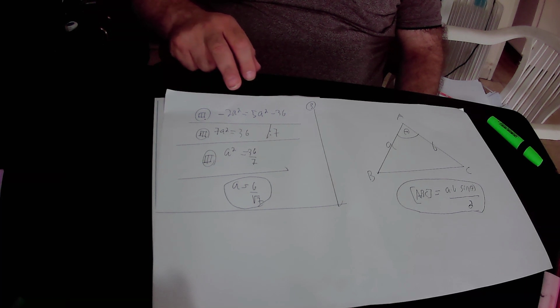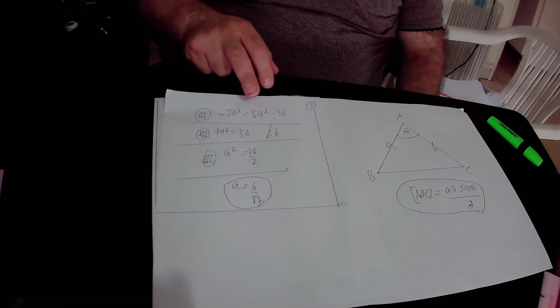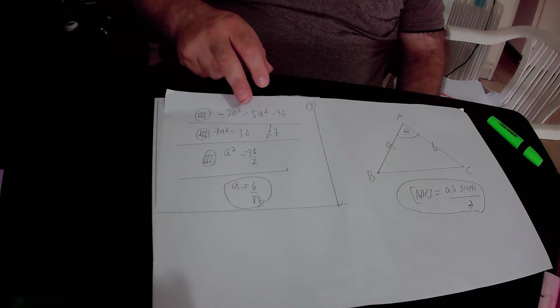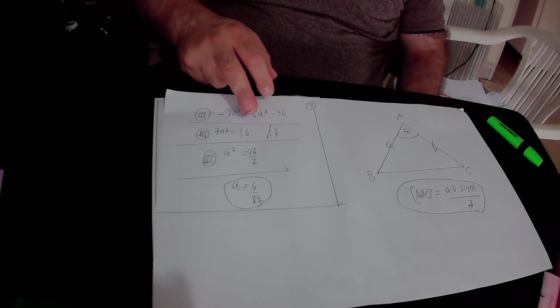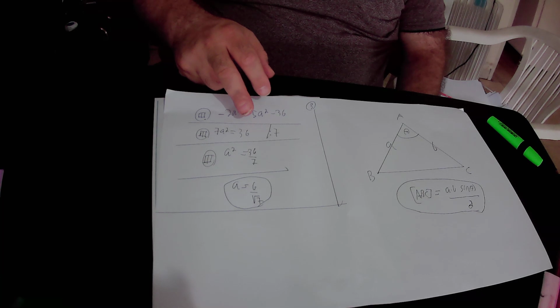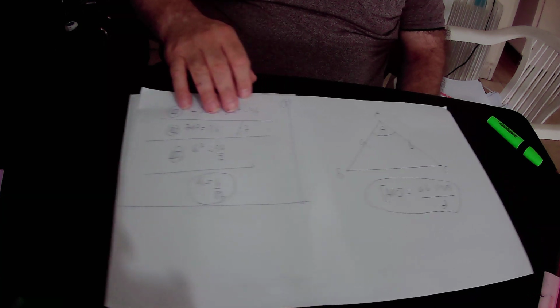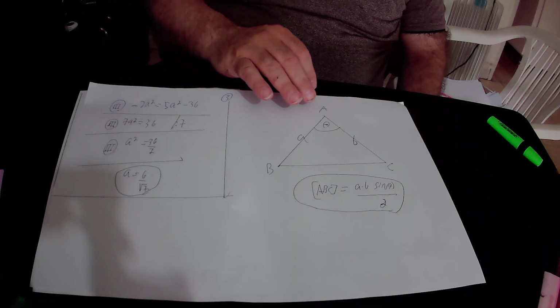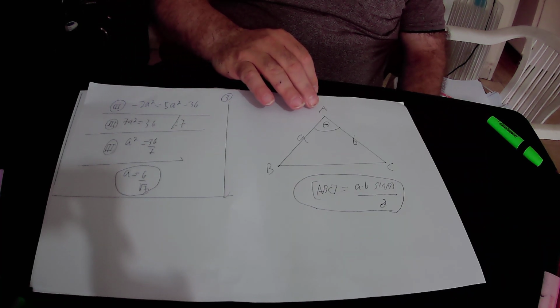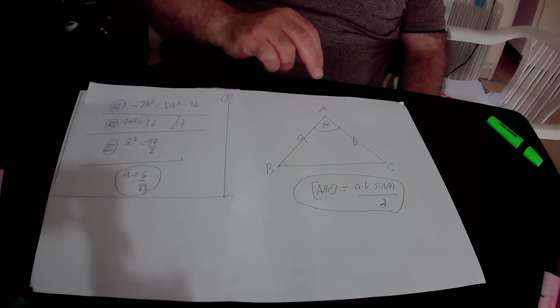We found out that 7a squared equals 36. We divided by 7 and found that a squared equals 36 over 7. We took the square root and found that a equals 6 over square root of 7 units.